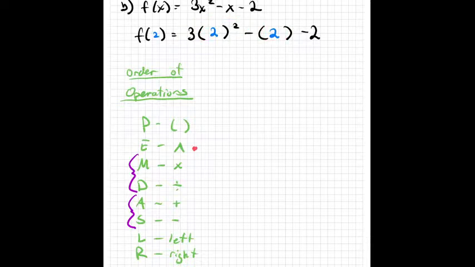And then 4 times 3. After exponents, we multiply or divide. So 4 times 3 is 12, minus 2, minus 2. This is all addition and subtraction. So 12 minus 2 is 10, minus another 2 is 8. So when x is 2, when the input is 2, the output is 8.